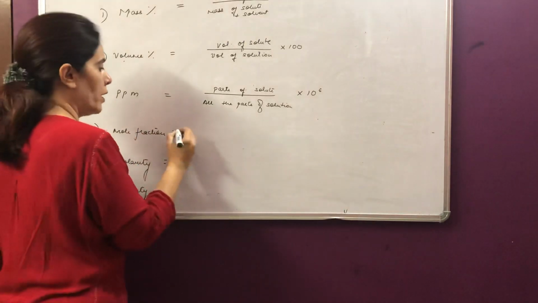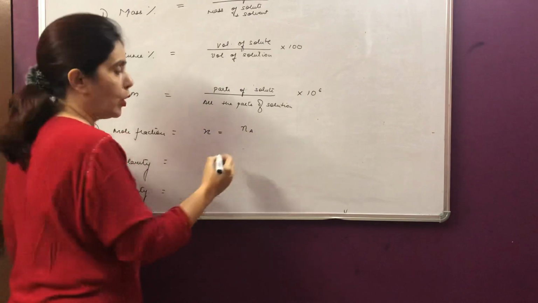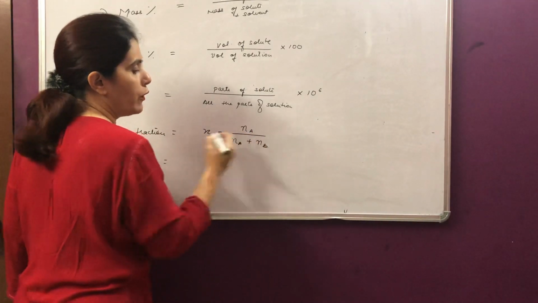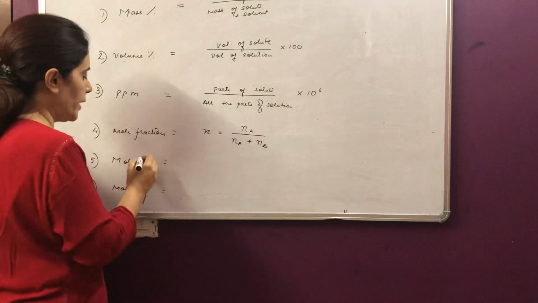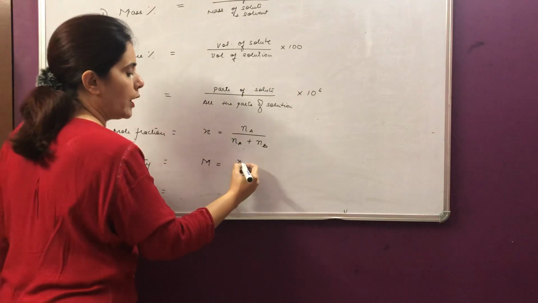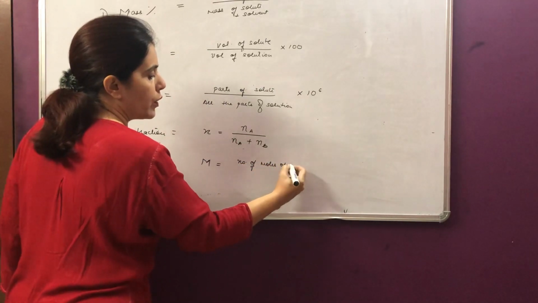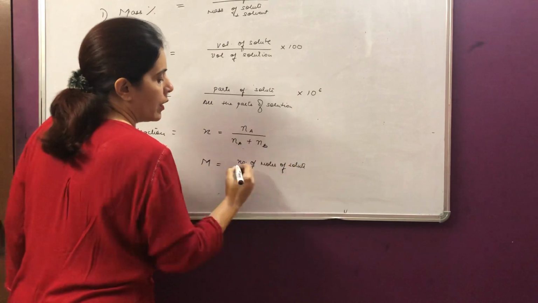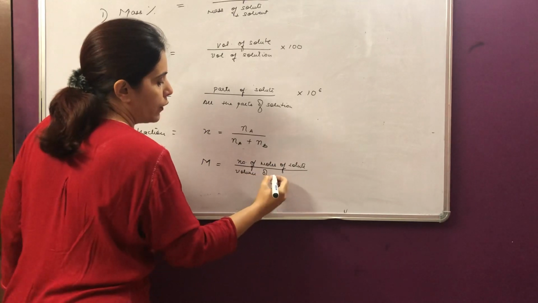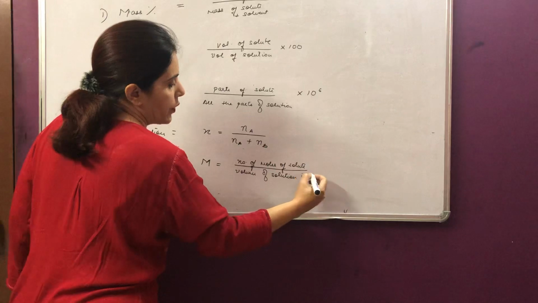Mole fraction, it is denoted by X and it is equal to number of moles of solute upon number of moles of solute plus number of moles of solvent. Molarity is denoted by capital M and is equal to number of moles of solute upon volume of solution in liters.